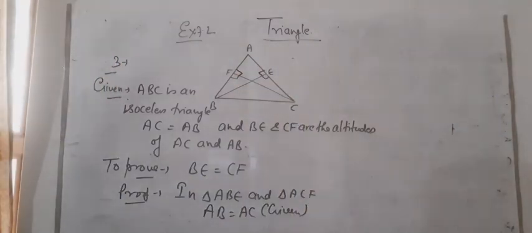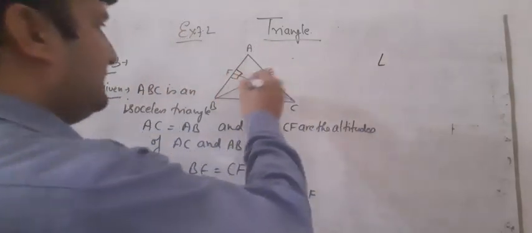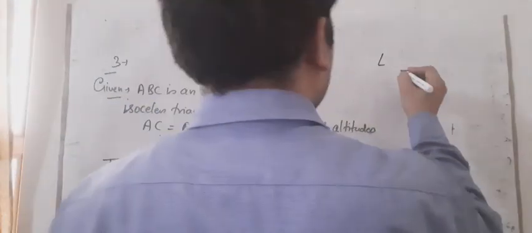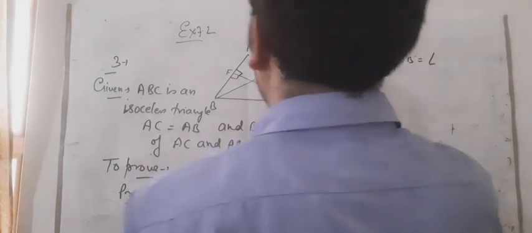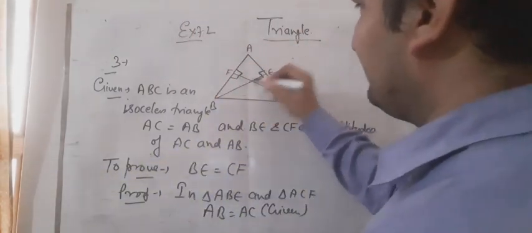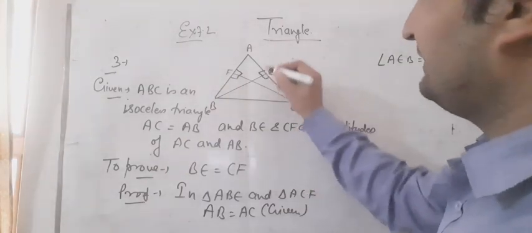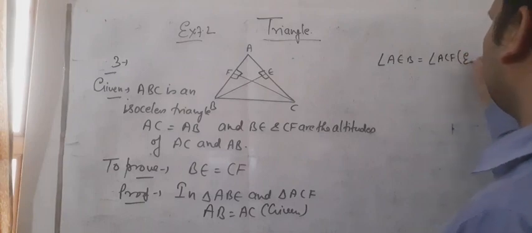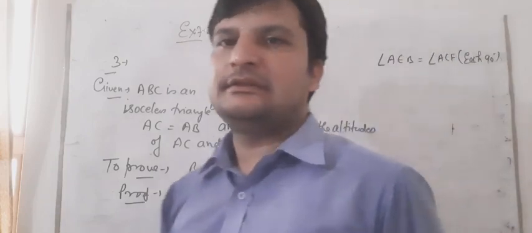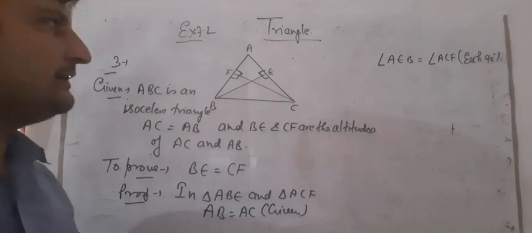So I am writing here, in these triangles we can say that angle AEB is equal to angle AFC, each 90 degree, because this is the altitude. Altitudes are given, it means it will make a 90 degree angle.